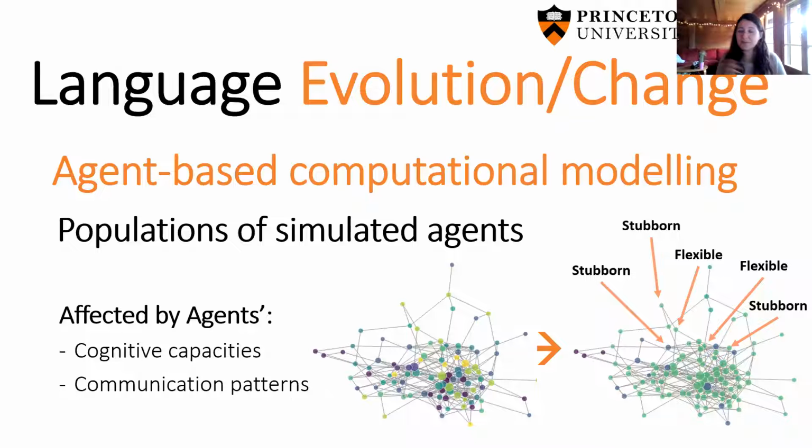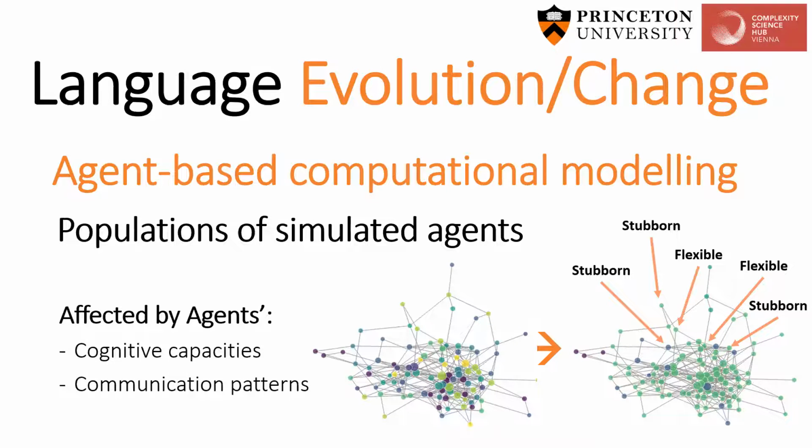Even if there are a lot of stubborn people who stick to their own language and don't want to change or adopt, this only slows down the spread of variants to the entire community, but it doesn't stop it. As long as an agent is not 100% stubborn and does accommodate even rarely, the network will eventually converge on new variants. I'm going to get back to some more computational work later on in the talk.